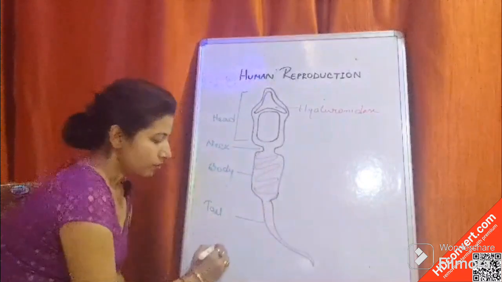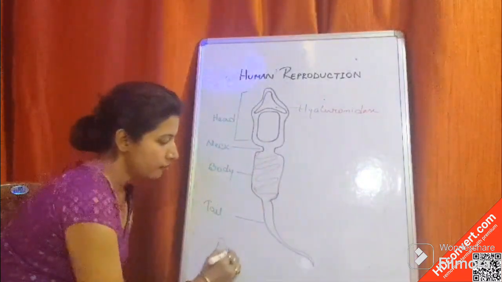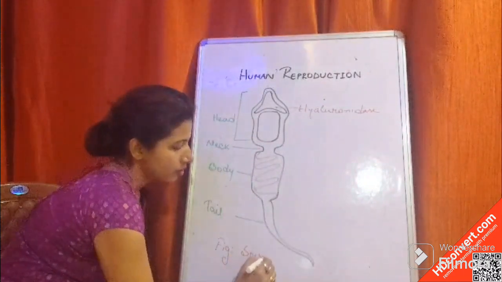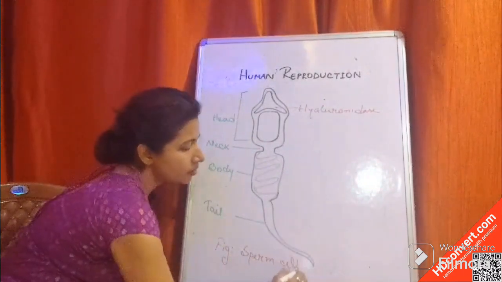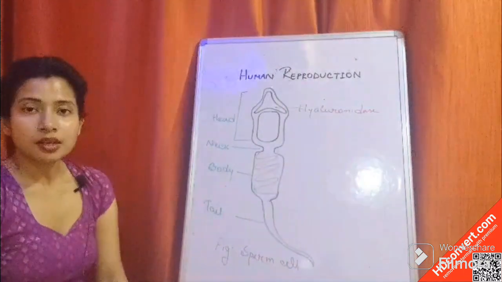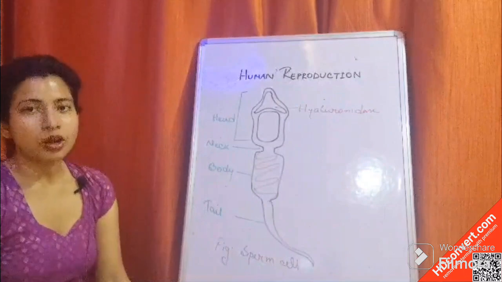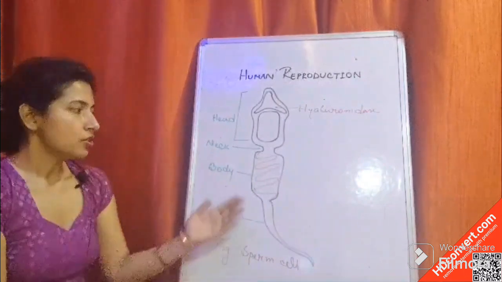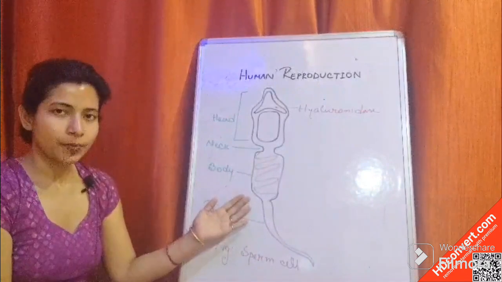Okay. Now again, figure out, it is a sperm cell. As you people know, each cell has its own mitochondria, own nucleus, plasma membrane, etc. So it is a single cell, okay, sperm cell.